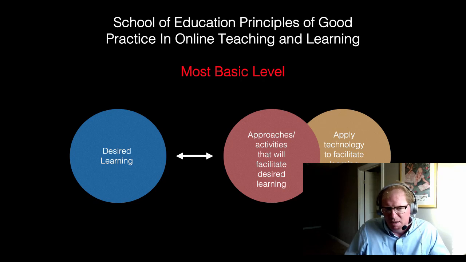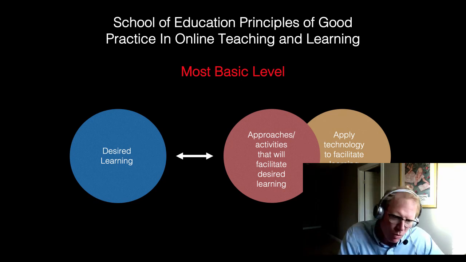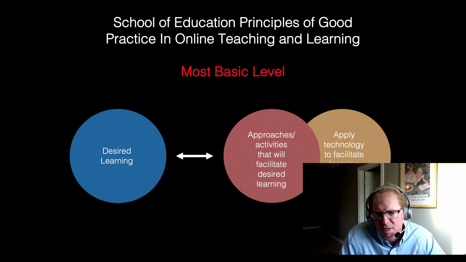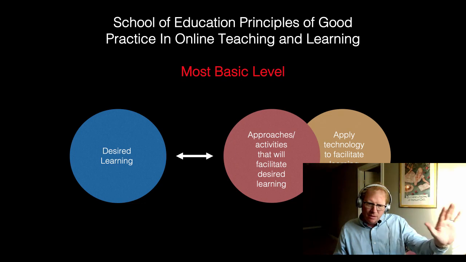At the most basic level, it means that we want you to articulate what desired learning is, both for a course and for any individual session you're doing, and then to think about approaches in online spaces that will help facilitate that desired learning, and then how you apply technology to facilitate those activities. So it's a combination of, okay, I want us to learn something together as a class.